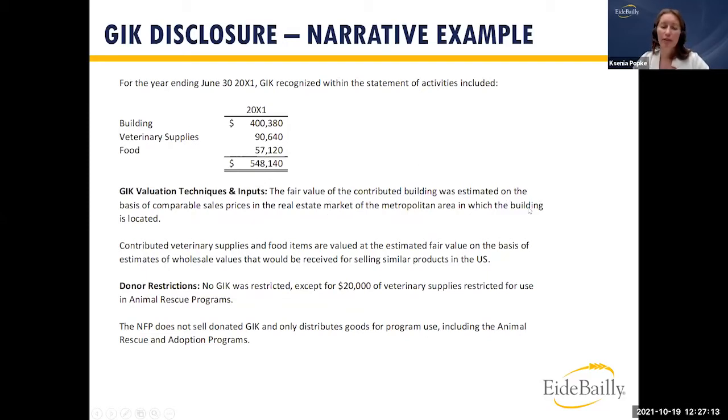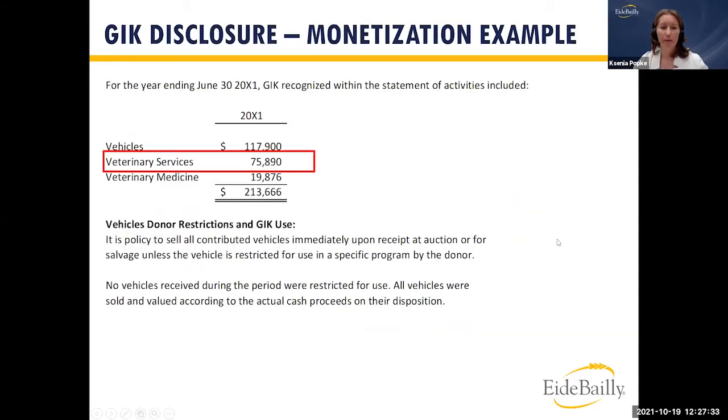But this is just a narrative example. The previous example is also allowed because this information is also covered as far as restrictions and the valuation techniques. But here are some more examples of how this might actually look in your financial statements: the valuation techniques and the donor restrictions, whether or not any of it was restricted.